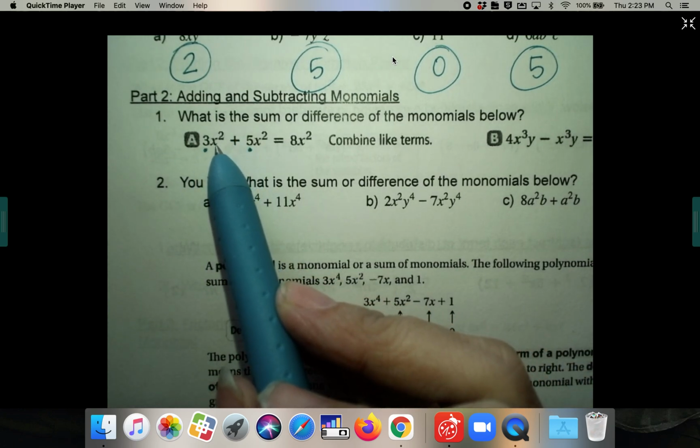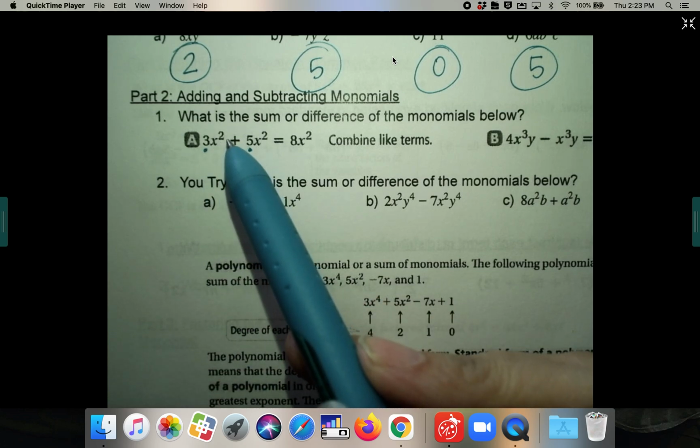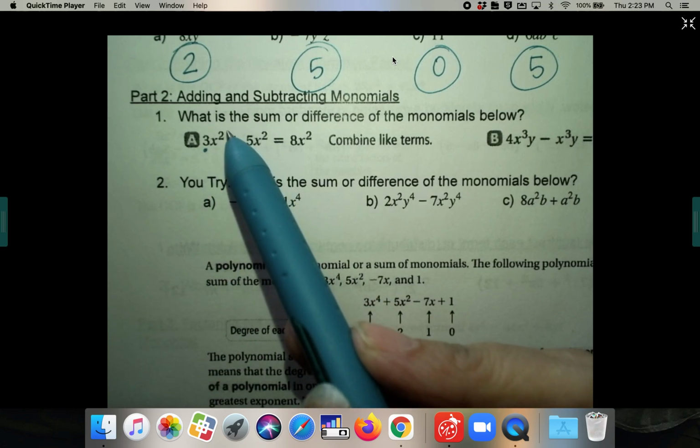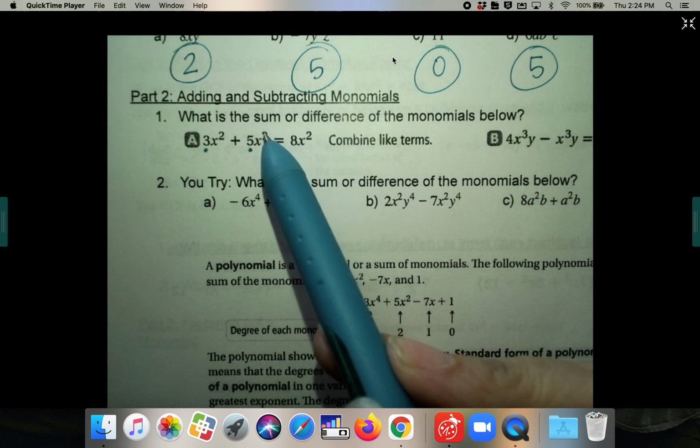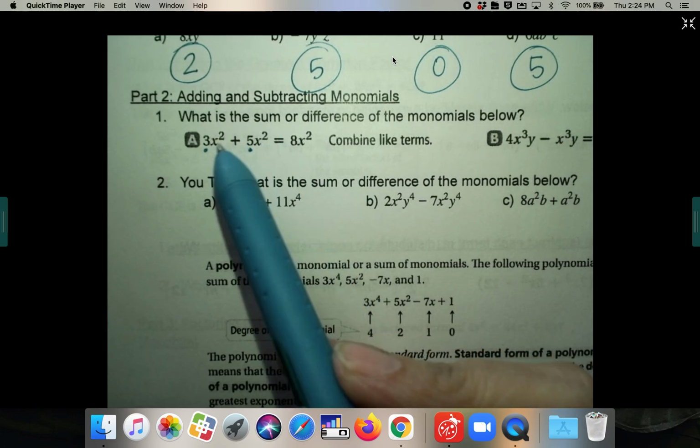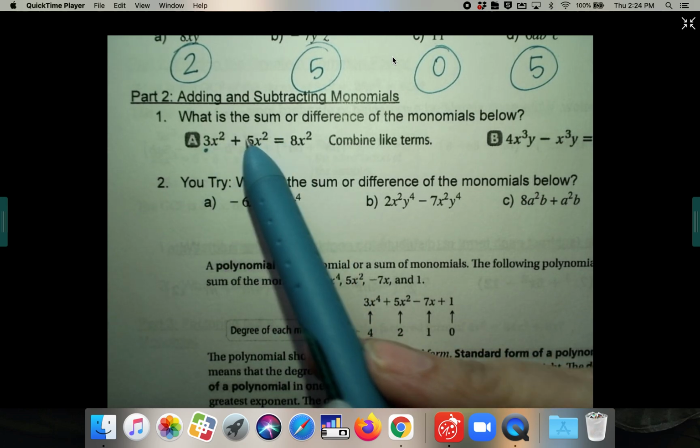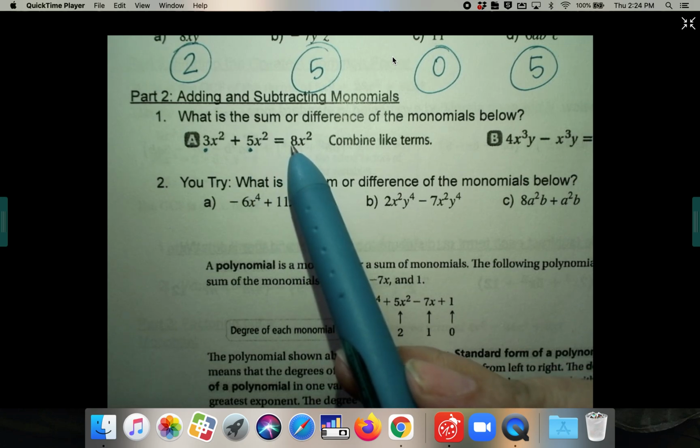Don't even look at it as x squared, look at it as cats if that's what you want. And since this is x squared and this is x squared, they would both be cats. So you have 3 cats plus 5 cats equals 8 cats.